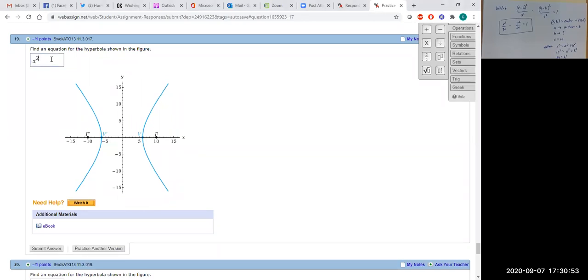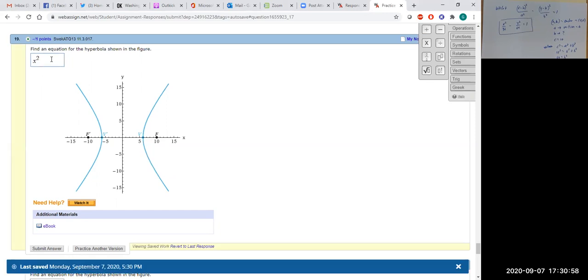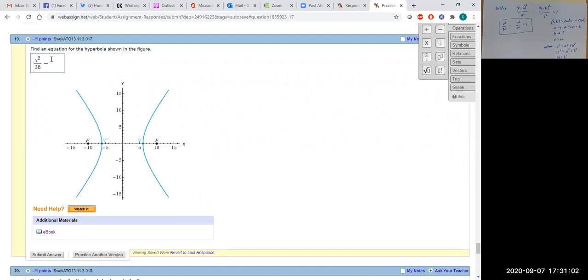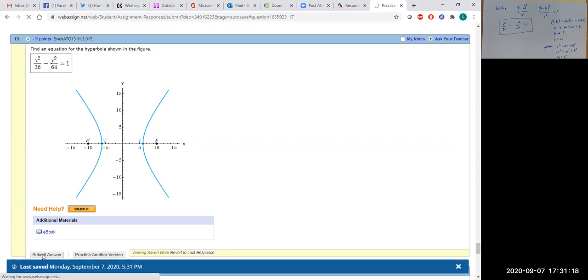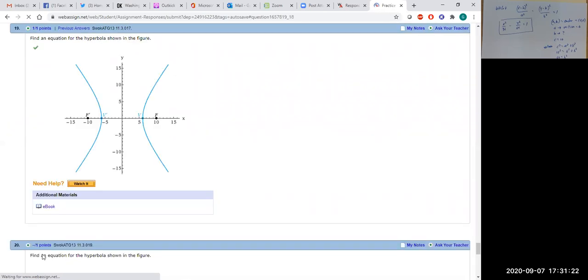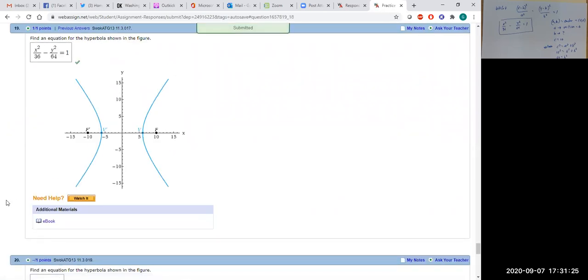X squared over 36 minus y squared over 64 equals 1. All right, green check.